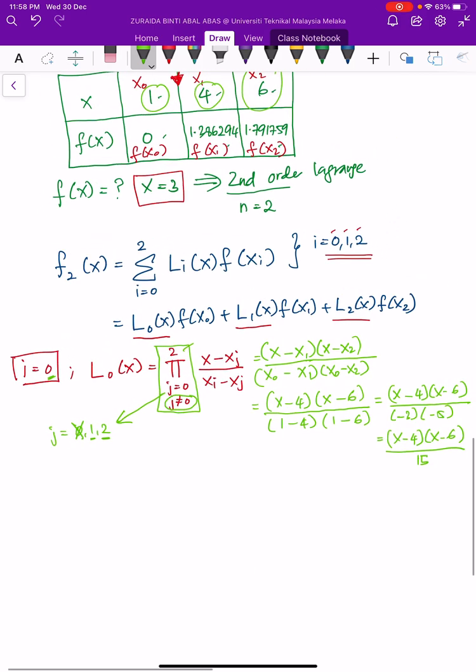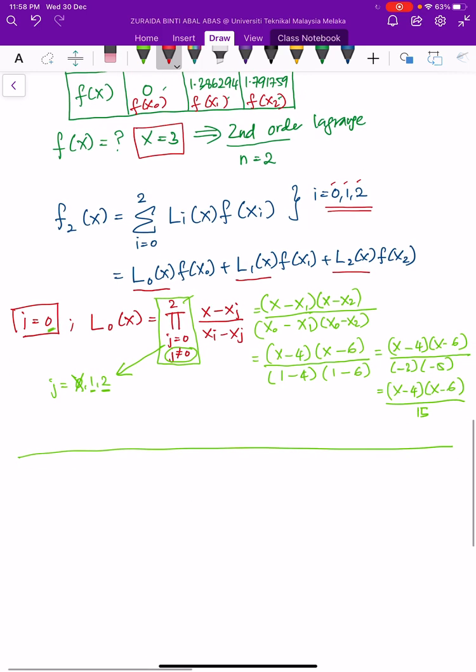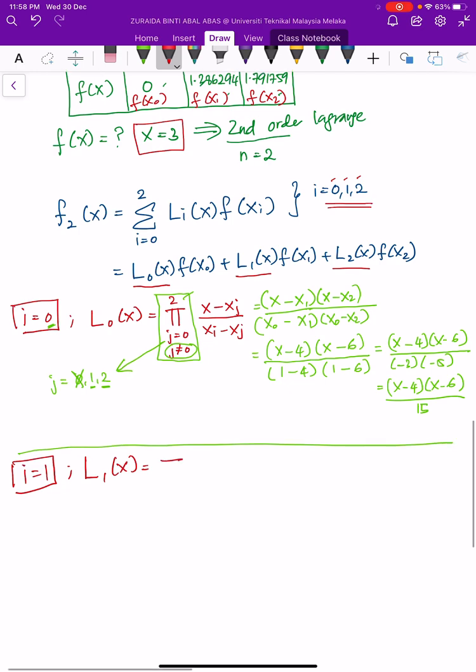Now we will continue with i equal to 1. So we're trying to find L1(x). Again we have this symbol where this is multiplication. We start with j equal to 0 until j equal to 2, and remember that j cannot be equal to i.